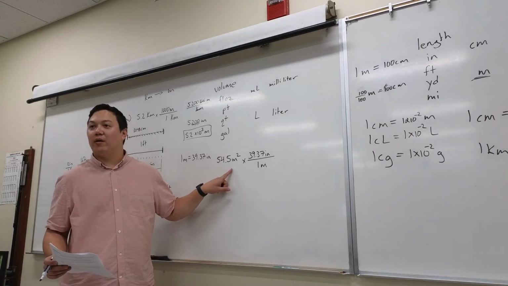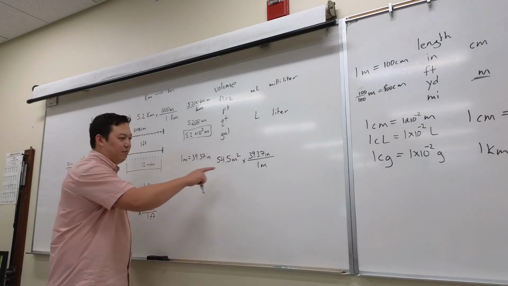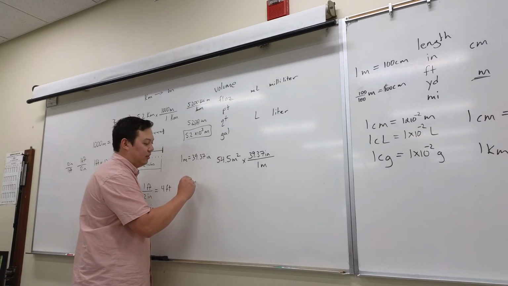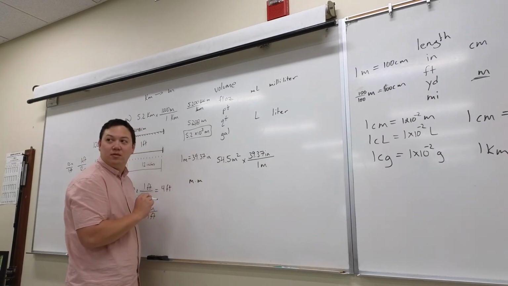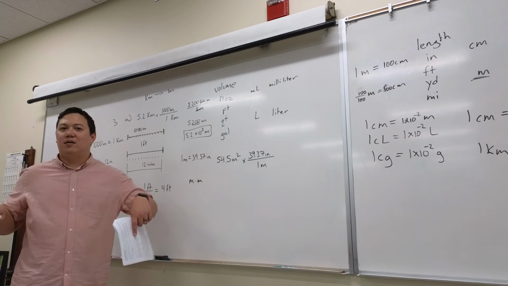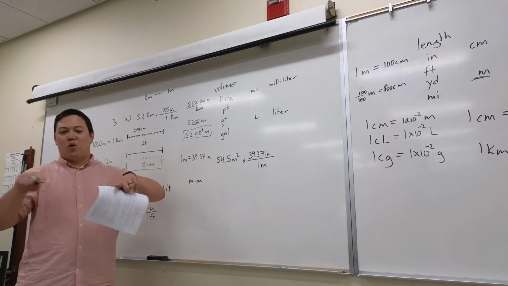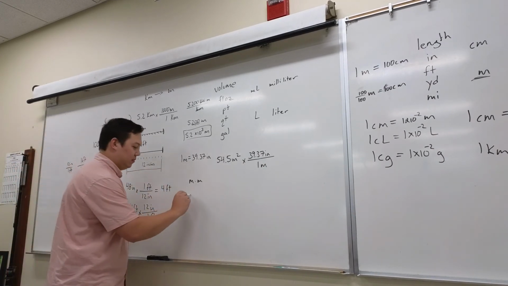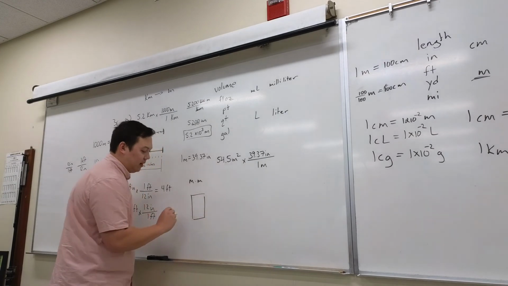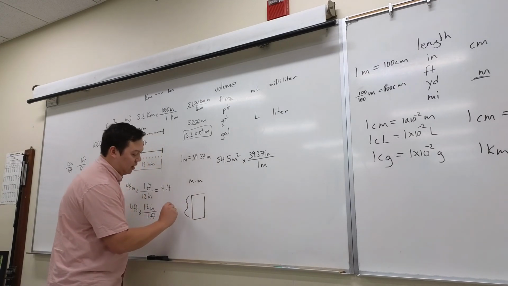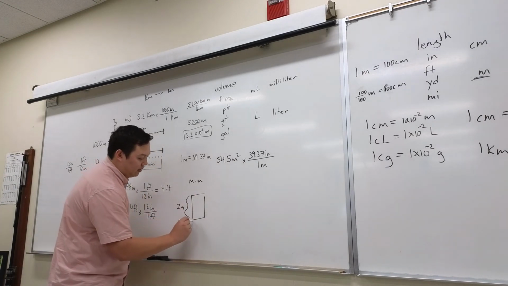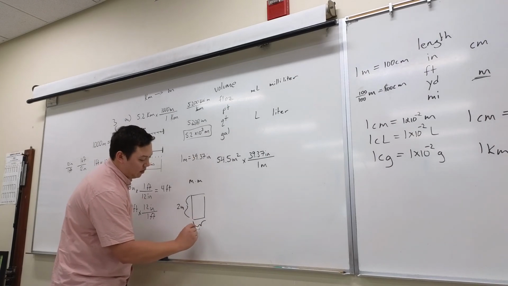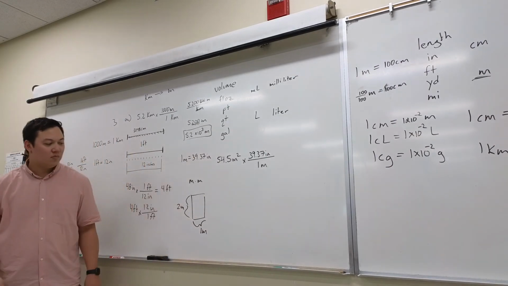This is meters squared. And you can also think of meters squared as meters times meters. If you're going to calculate the area of a rectangle, and this is 2 meters and this is 1 meter, how do we calculate the area?